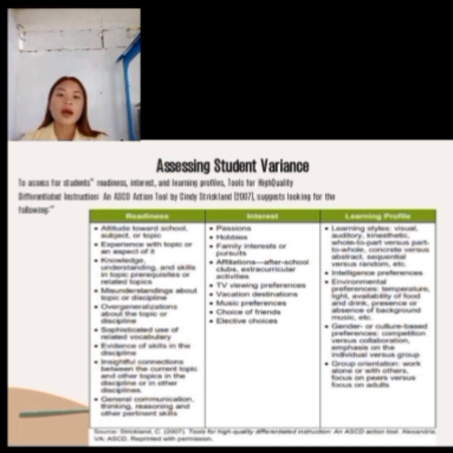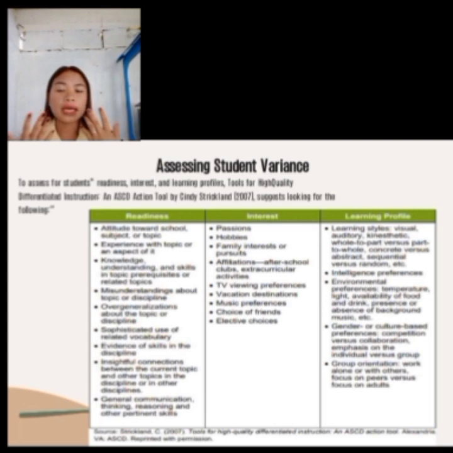As a teacher, we can also assess according to their profile. For example, if our students are more into music, we can provide them an activity that is related to music or dance.